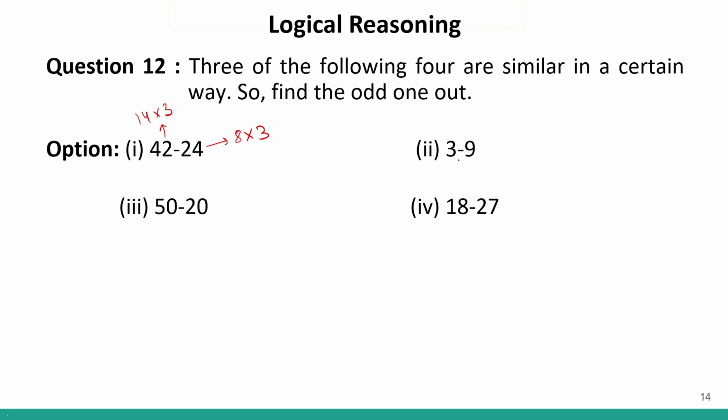If I say 3 and 9, I can see this is 3 into 1 and this is 3 into 3. Similarly, 18 is 6 into 3 and 27 is 9 into 3. But I cannot find 50 and 20 to be multiples of 3. So if I look over here, in each case, each number is a multiple of 3.